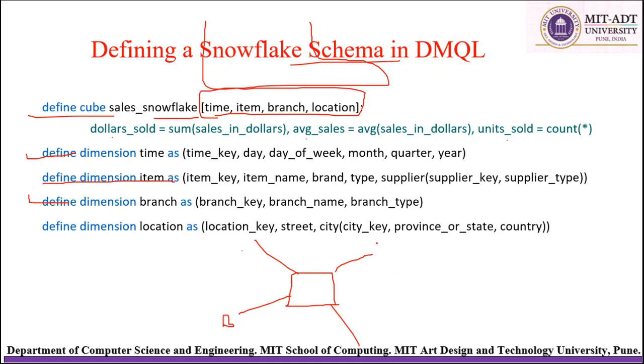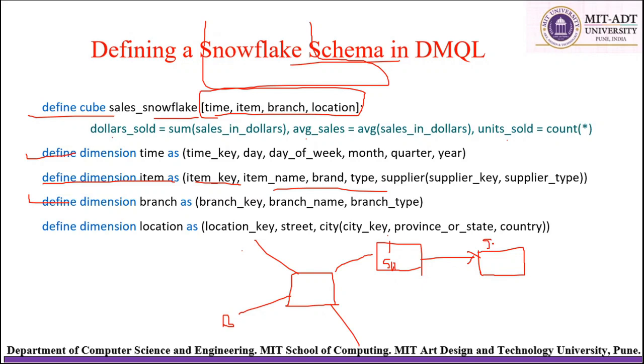So this is the item table. We have extended the item table. We have added some extra attributes by extending this dimension. So for item, the primary key of item will come, item name, brand, type. Now for the item dimension we have extended the supplier key.